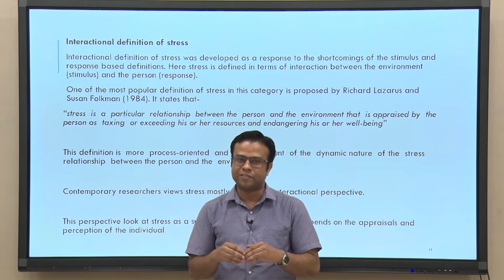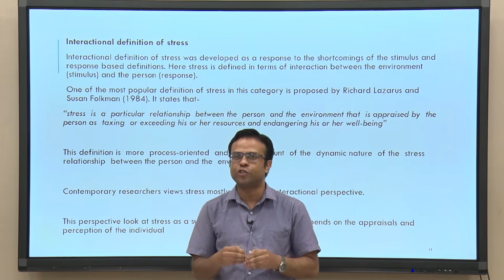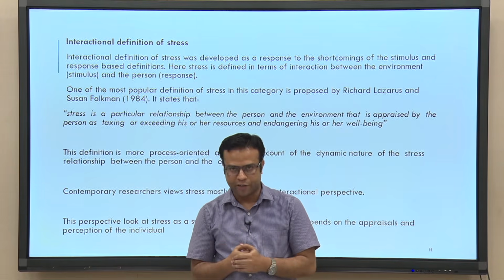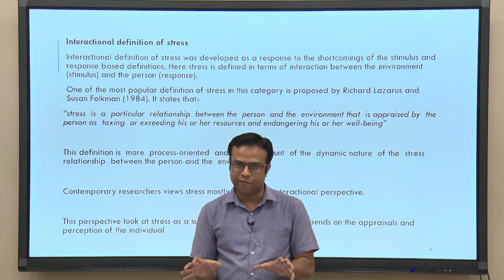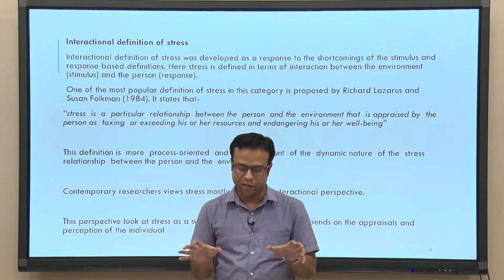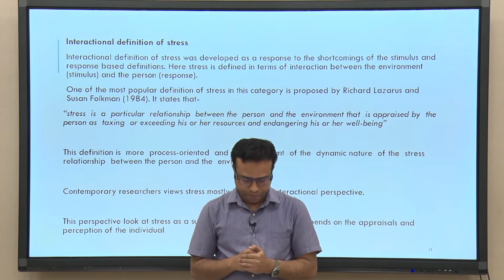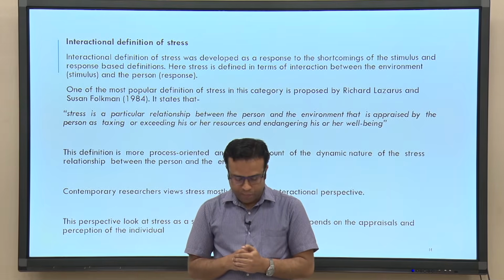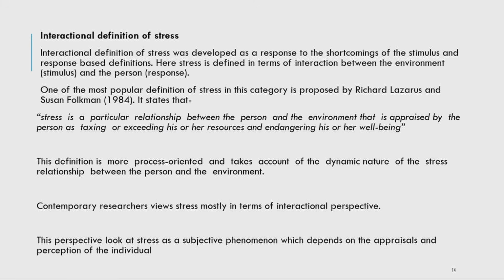If you look at definitions of stress in psychology, they will mostly be from the interactional perspective, the most popular and most accepted definition at present. This perspective looks at stress as a subjective phenomenon, simply because it includes interpretation of the event. It is subjective because individual interpretation is involved.